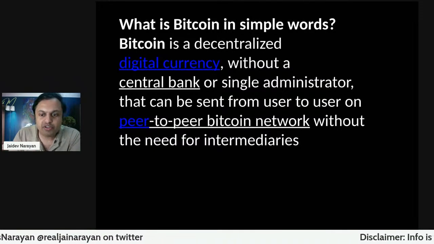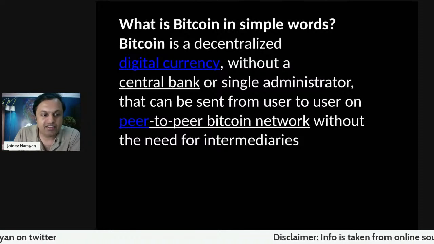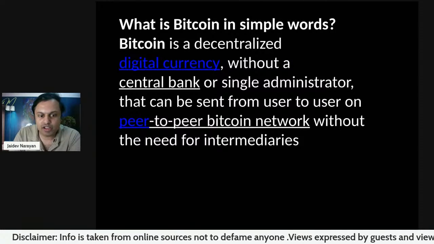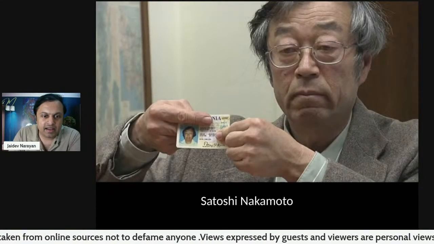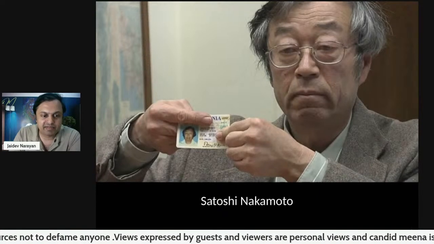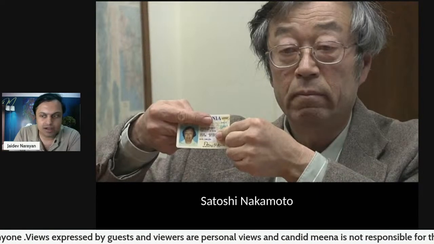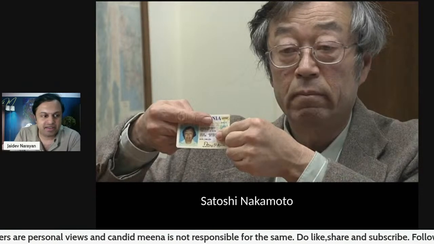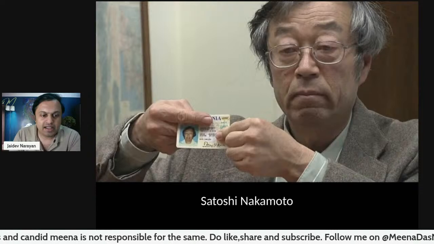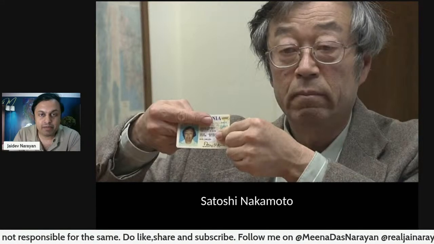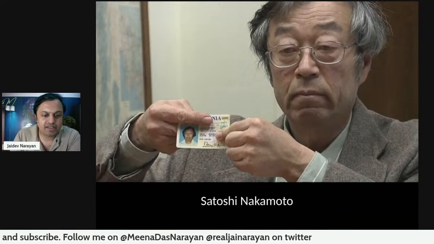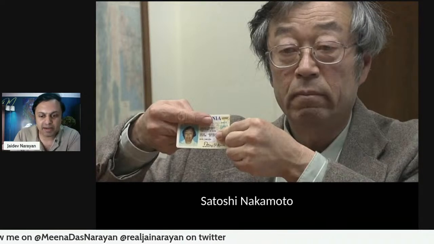No one knows who invented Bitcoin, or at least not conclusively. A lot of controversy has been going on as to who found Bitcoin, and one name springs forth. His name is Satoshi Nakamoto. Satoshi Nakamoto is the name associated with the person or group of people who released the original Bitcoin white paper in 2008. And he worked on the original Bitcoin software that was released in 2009.